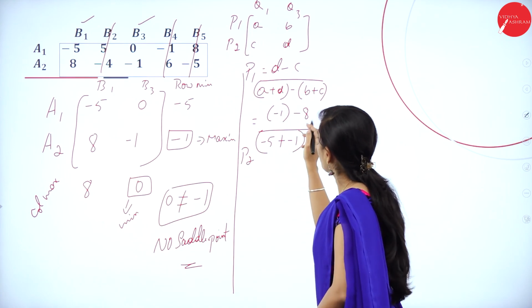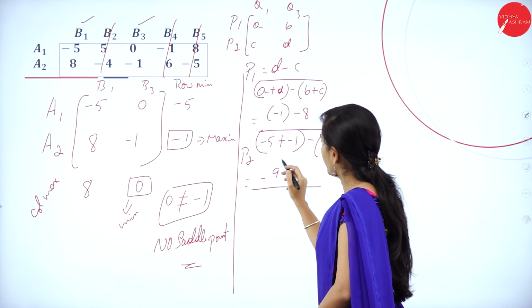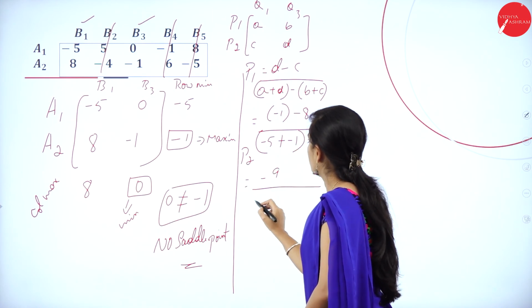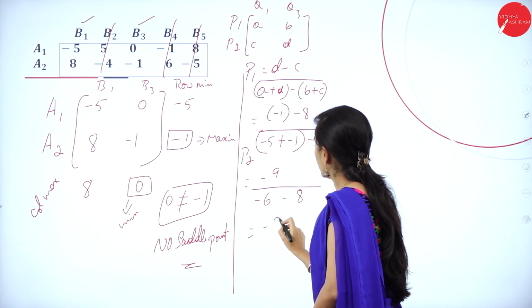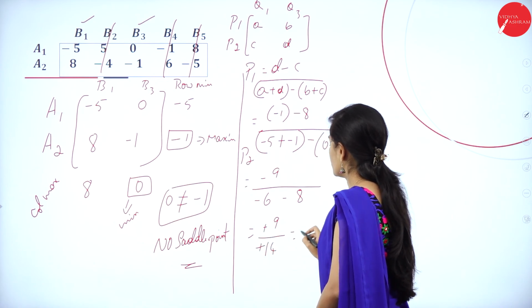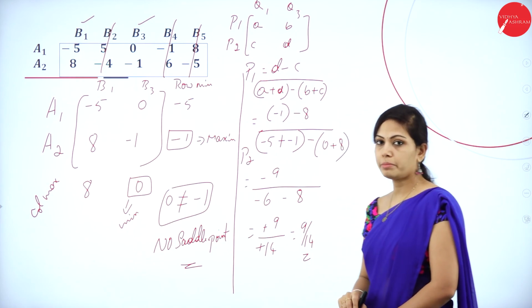So now minus 1 minus 8 is minus 9 and minus 5 plus minus 1 is minus 6, minus 8. Minus 9 by minus 14. So minus minus get cancelled. It is 9 by 14. P1 is equal to 9 by 14.